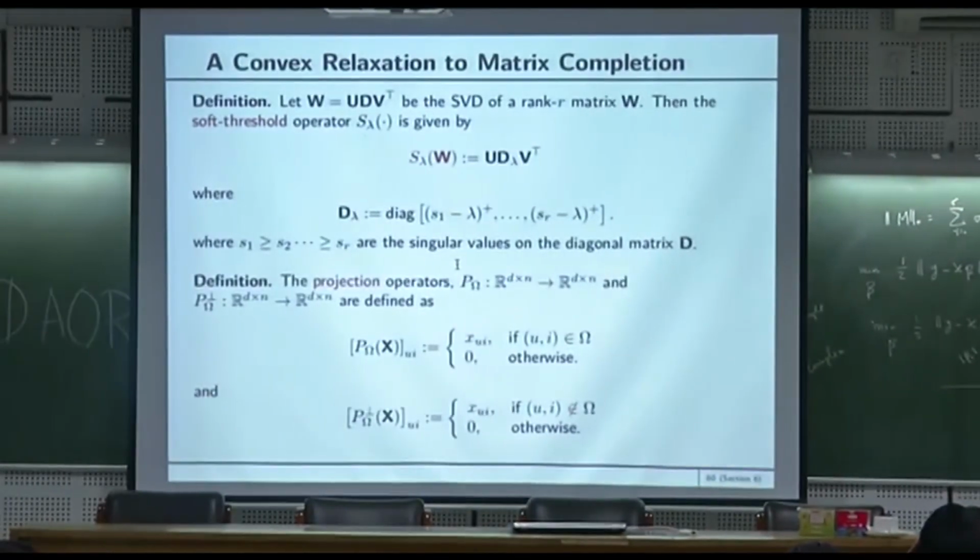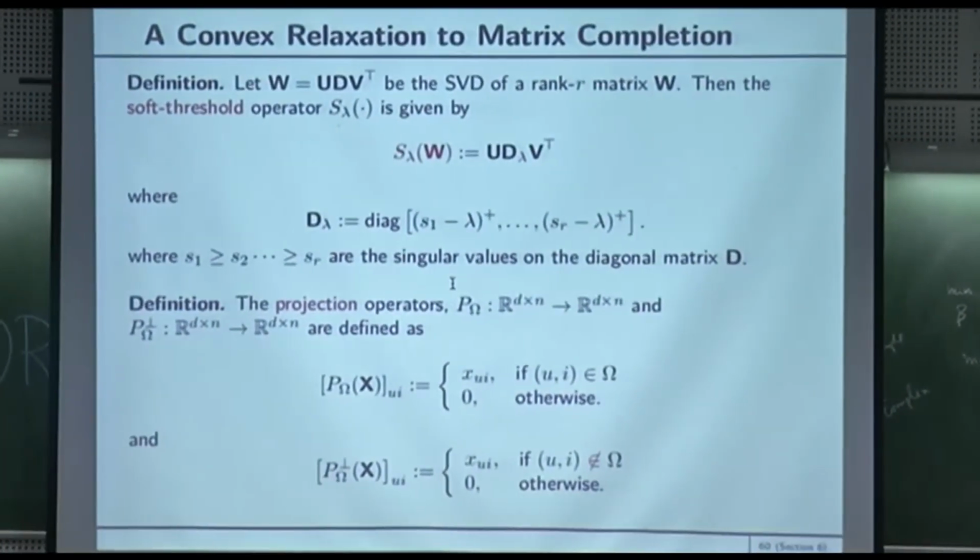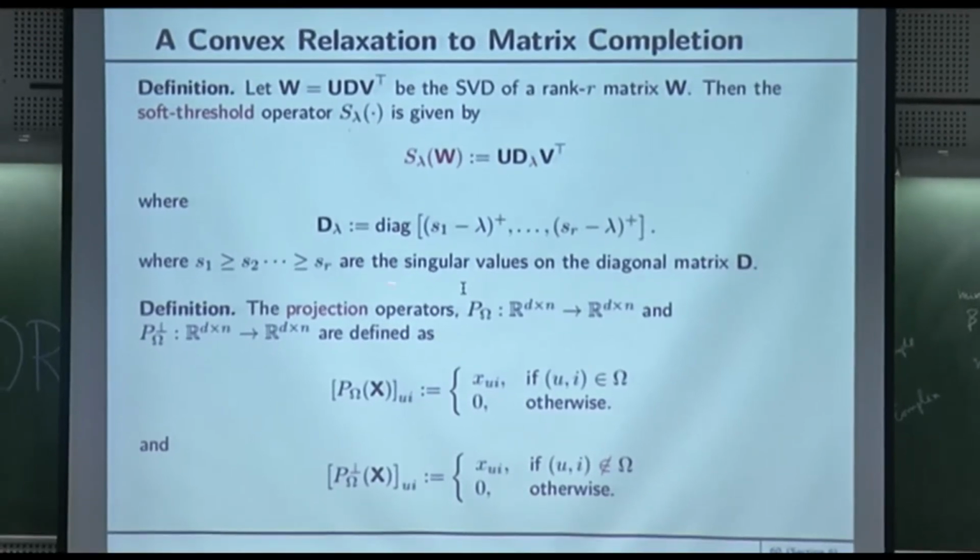For those of you who have seen lasso, you will see that even in lasso you have this S1 minus lambda, positive part kind of story, but let me walk through this.